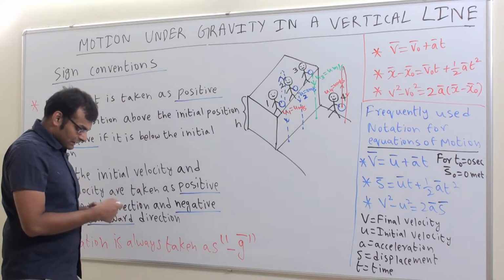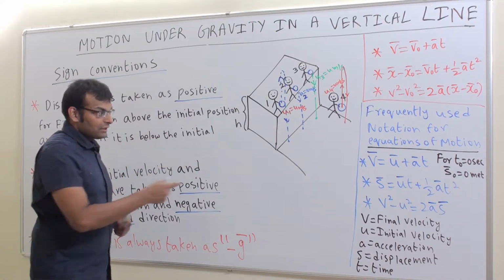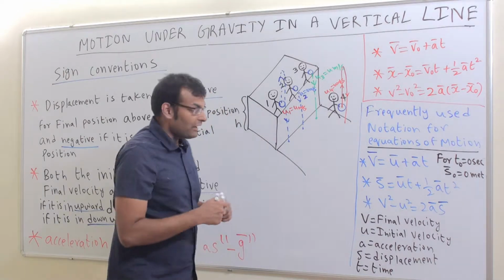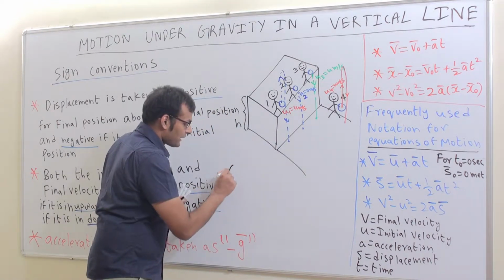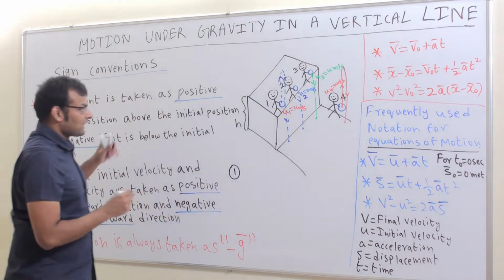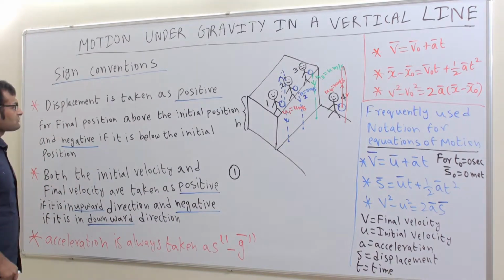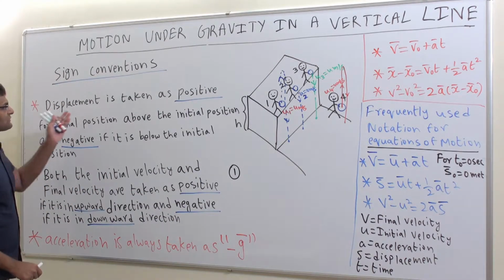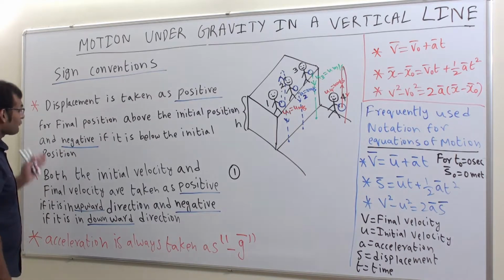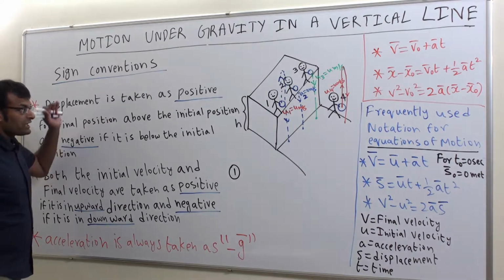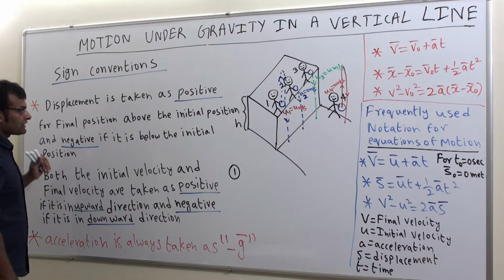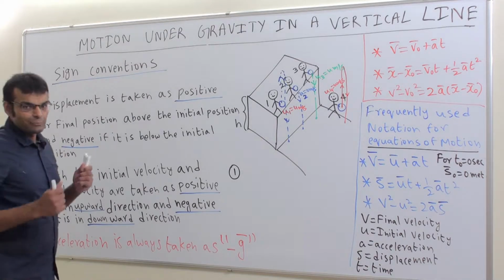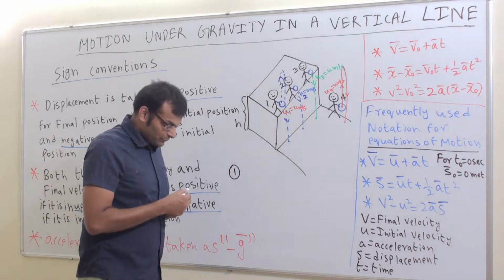Let's see case 1. How does the formula behave when I apply it to case 1 by applying the sign conventions? Let's see the sign conventions. It says that the displacement is taken as positive for final position above the initial position and negative if it is below the initial position. What does it exactly mean?